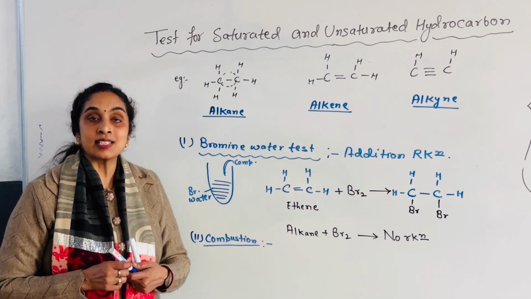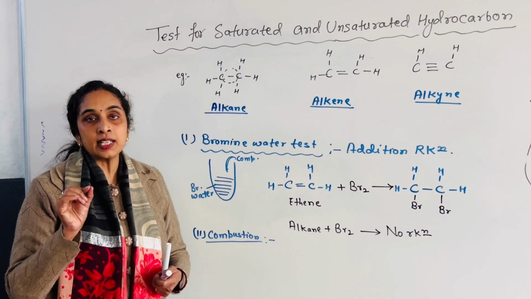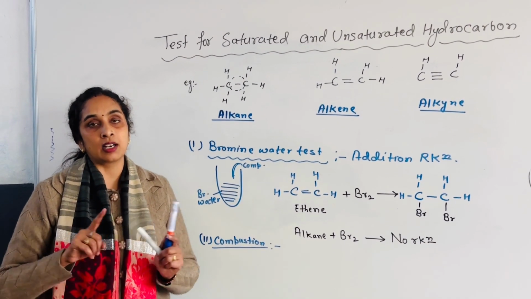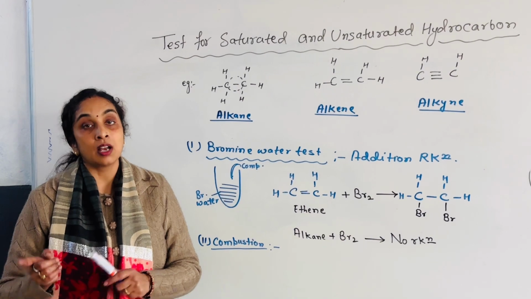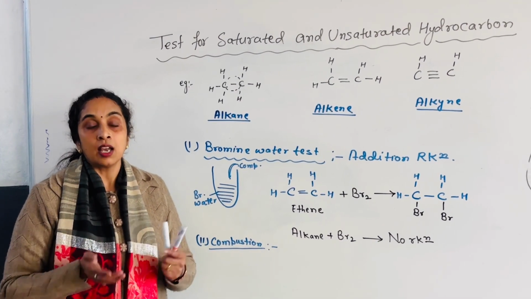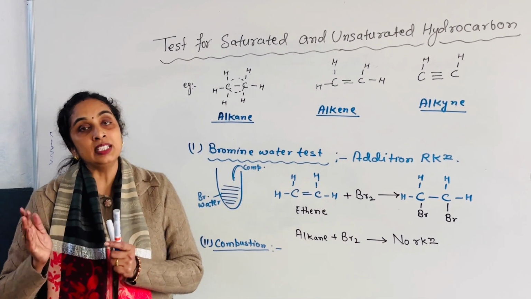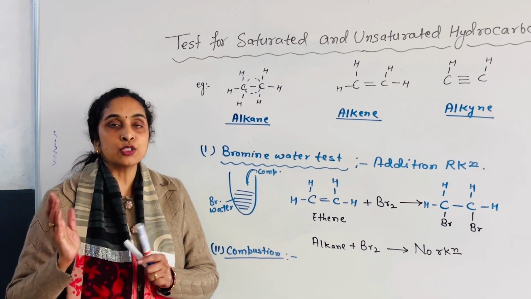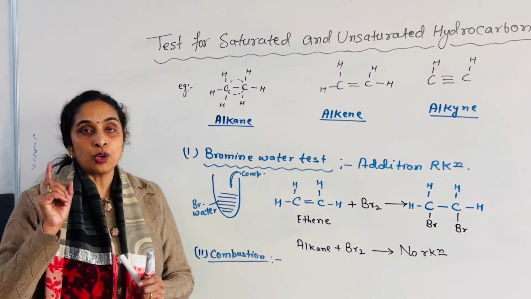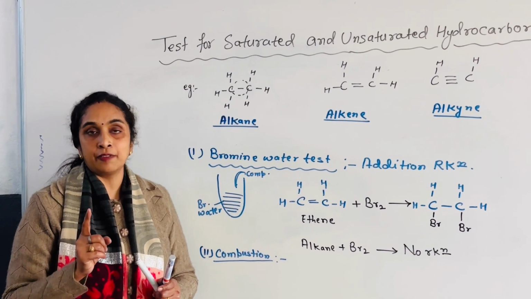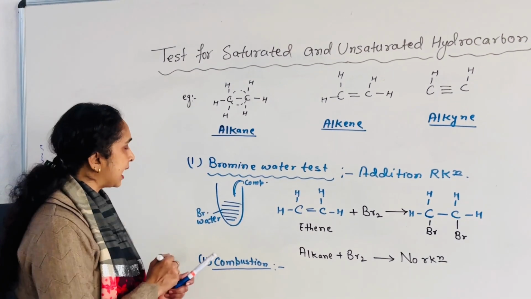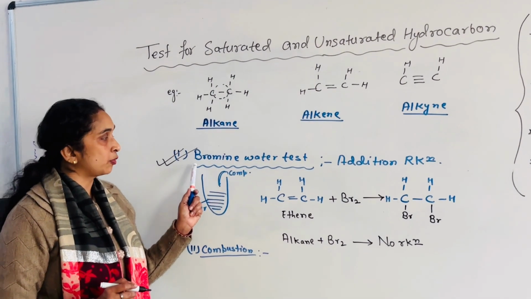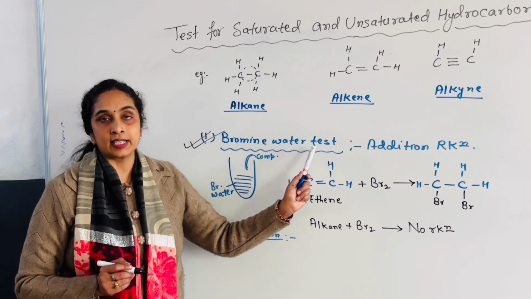So if in your examination the question is given how you can differentiate saturated and unsaturated hydrocarbon, how you can differentiate ethane from ethene, ethane from ethyne and so on: if a 1 mark question is given, write only and only the bromine water test.